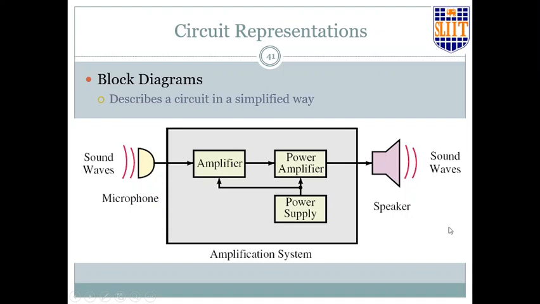This is usually used at initial stages for presentation purposes, to describe the basic operation of whatever you are proposing. If it is a design, you brainstorm and say, okay, we need this unit and that unit. We don't know how to build that, but you can write down all the strict parameters. Let's take an example. We want an amplifier to amplify a signal of this form.